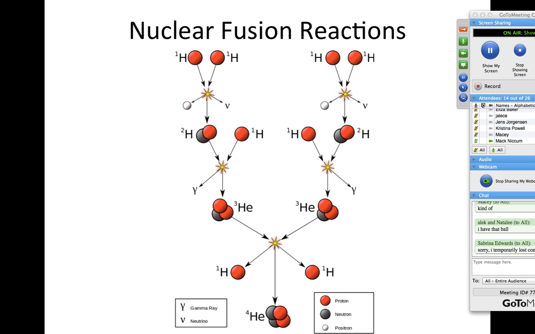Now, the protons in the core of the sun are so highly energized because of the pressure and the temperature. Remember, 15 million Kelvin degrees of temperature, that these protons collide. Sometimes they collide so hard together that they fuse into one atom.